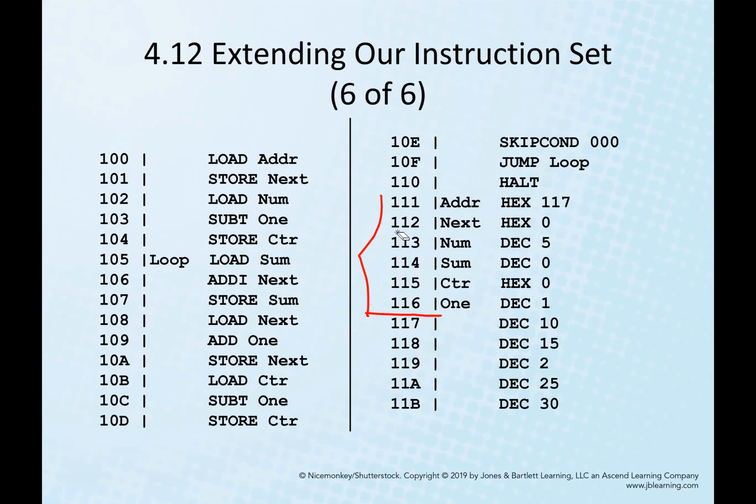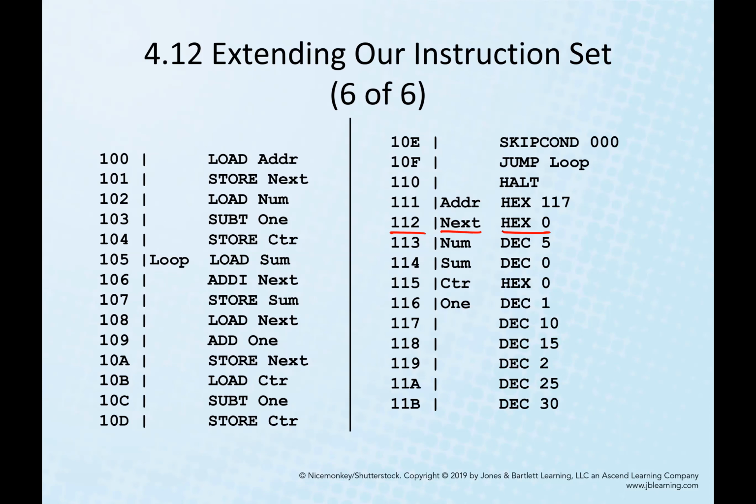Address 111 is labeled ADDR. The content is 117. Label NEXT refers to address 112 and has a value of 0, and so on.